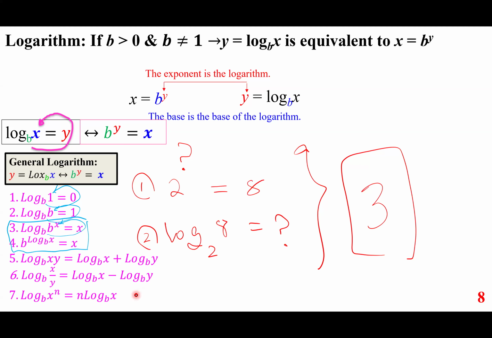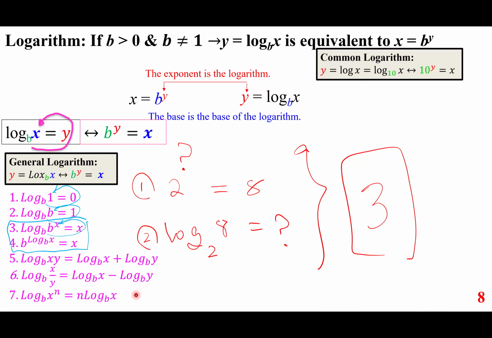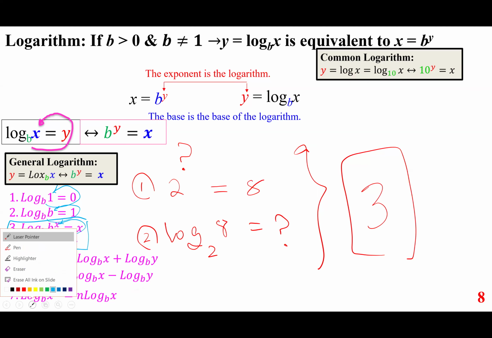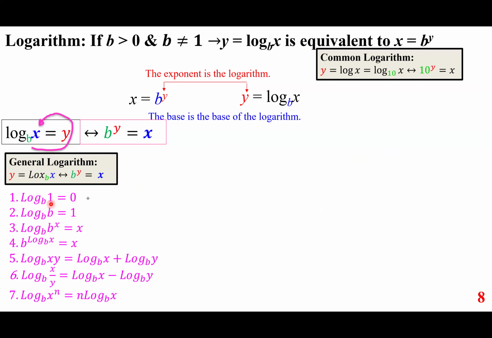If we go to common log, y equals log x, we don't write the base. That means 10 to the power of y equals x. And so obviously, we are going to lose the base for all of this. So I start from the bottom. This becomes basically log of x to the power of n is n log x.